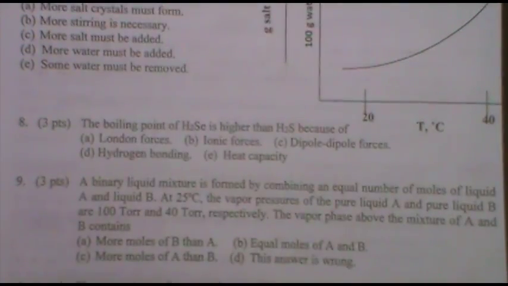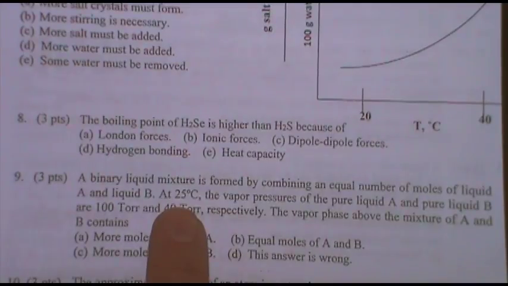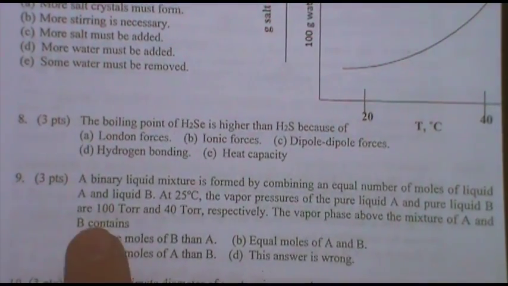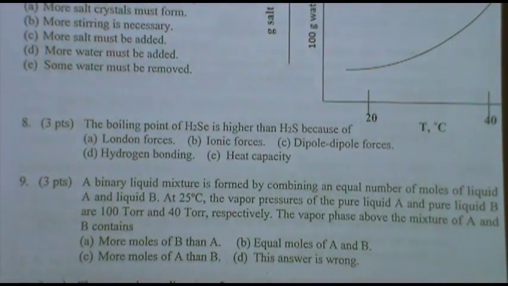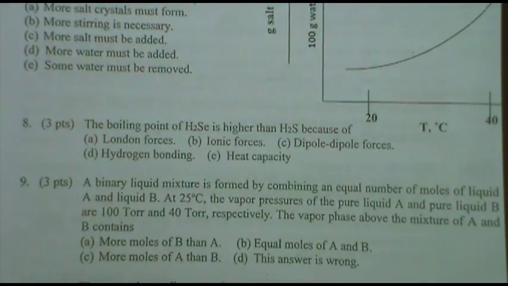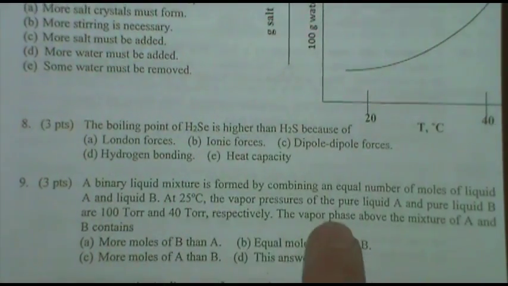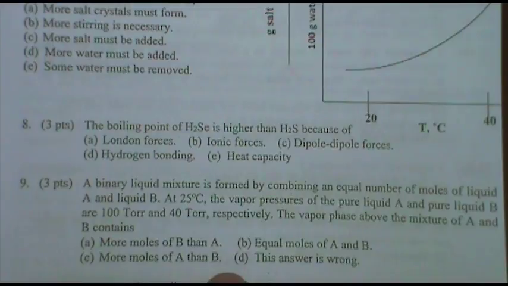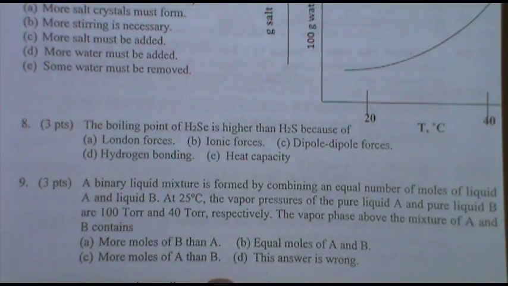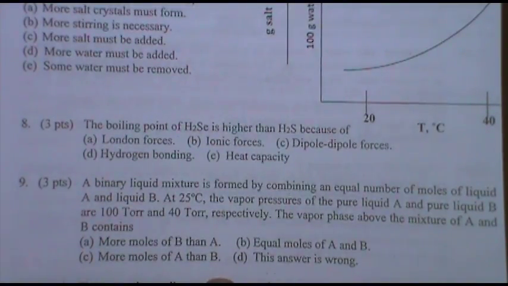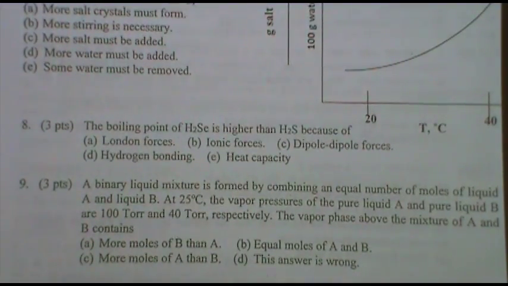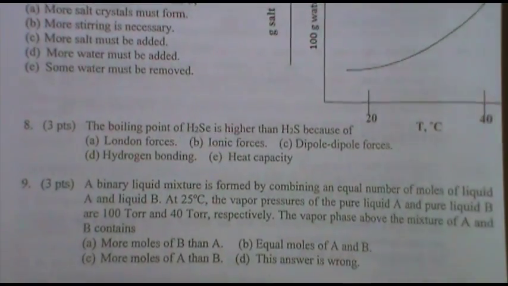Binary liquid is formed by equal number of moles of liquid A and B. You want to ask me how we're going to do Raoult's law? Yeah, we'll get to it. It's coming for the exam. Yeah. You're 4. 5? Yeah.